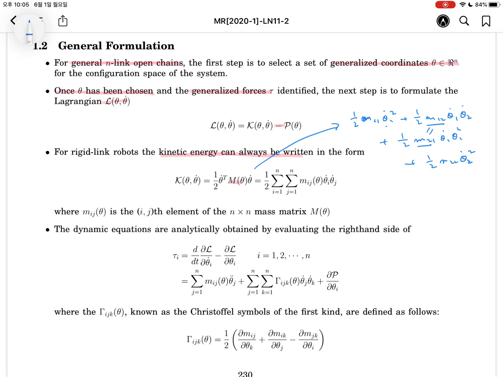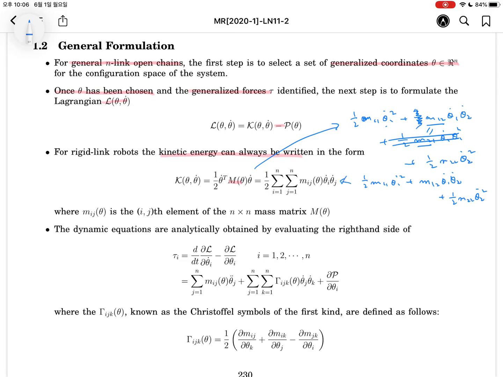So it can be added into here, by removing the second term. Okay, let's rearrange this equation. 1 over 2 m11 theta 1 dot squared, m12 theta 1 dot theta 2 dot, plus 1 over 2 m22 theta 2 dot squared. It will be equal to the kinetic energy of a two-link manipulator.